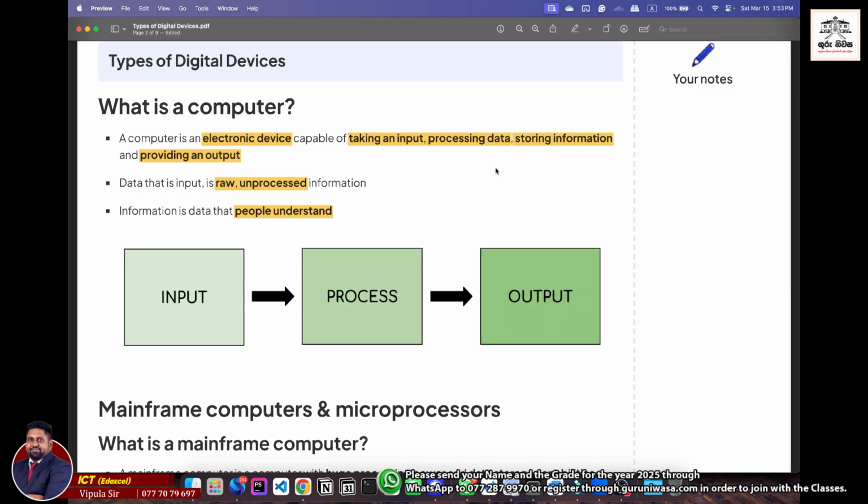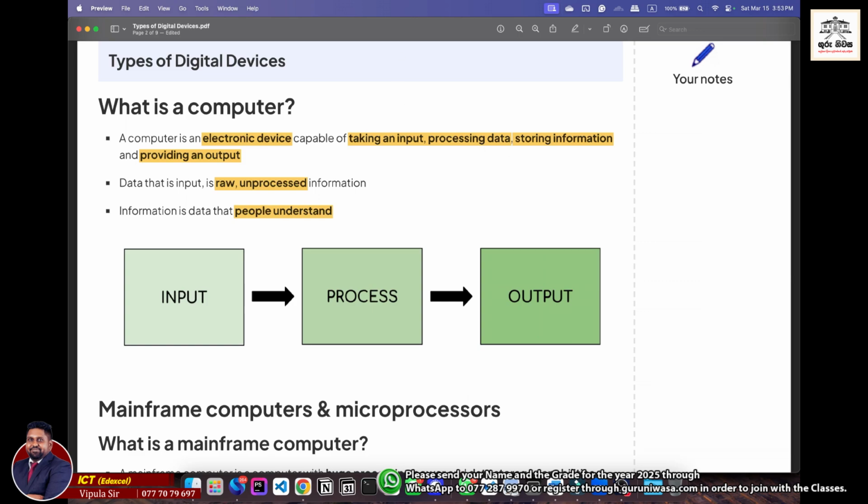So what a computer does is, it takes in some raw data, processes it, stores it, and gives an output. So that output is technically considered as information, and information is what people can understand, right?